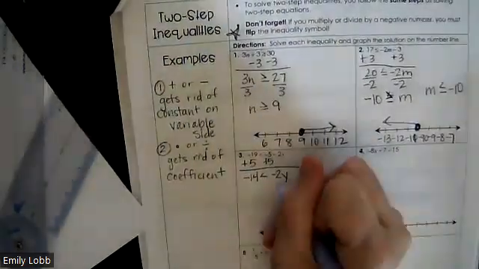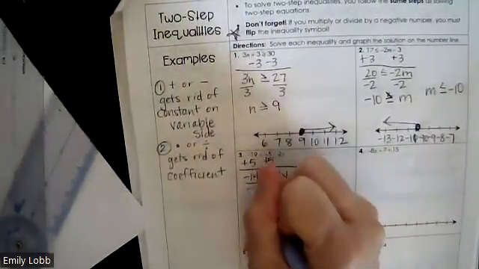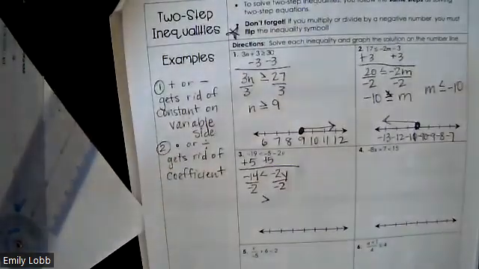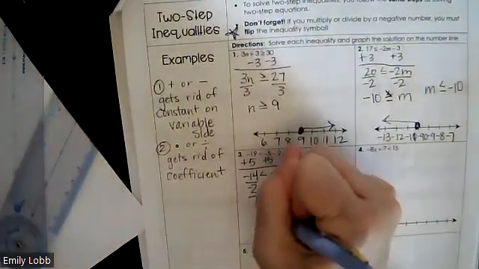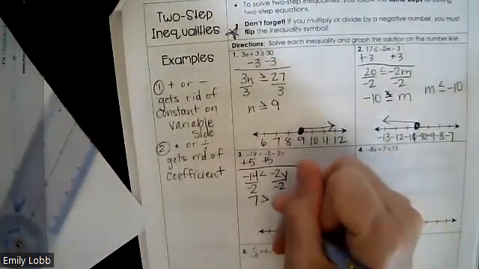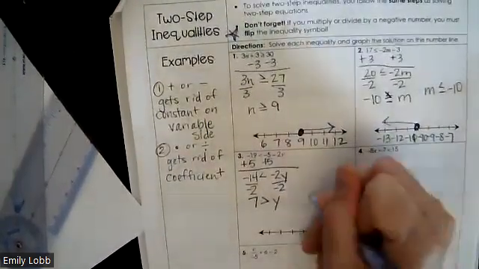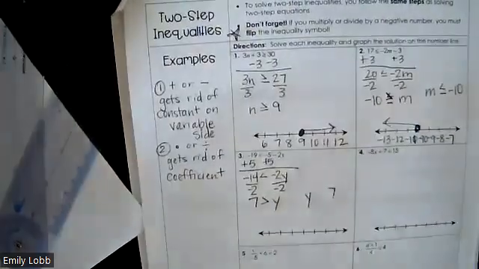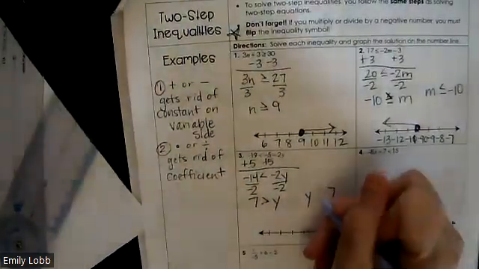When I divide both sides by negative 2, I have to remember when I divide or multiply by a negative number that I'm flipping my sign. So I end up with 7 is greater than y. Or if I put it with my variable first, I want my monster to eat the 7.